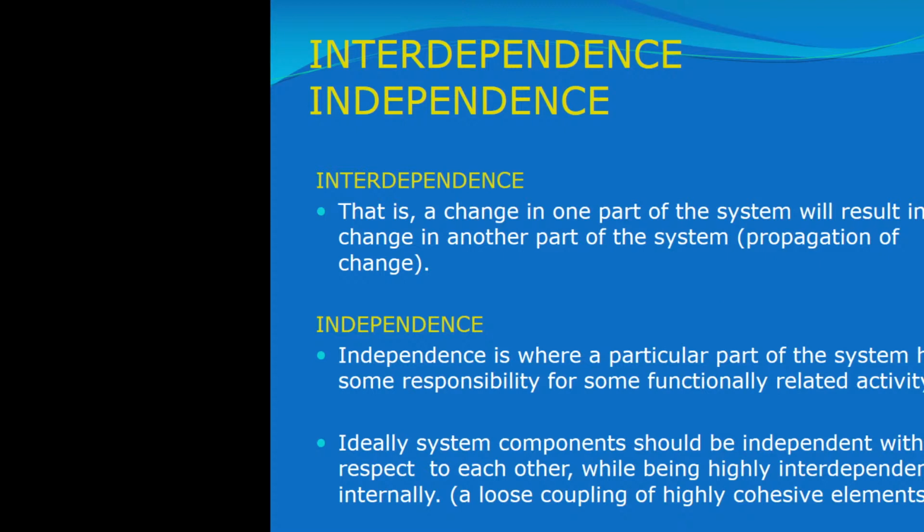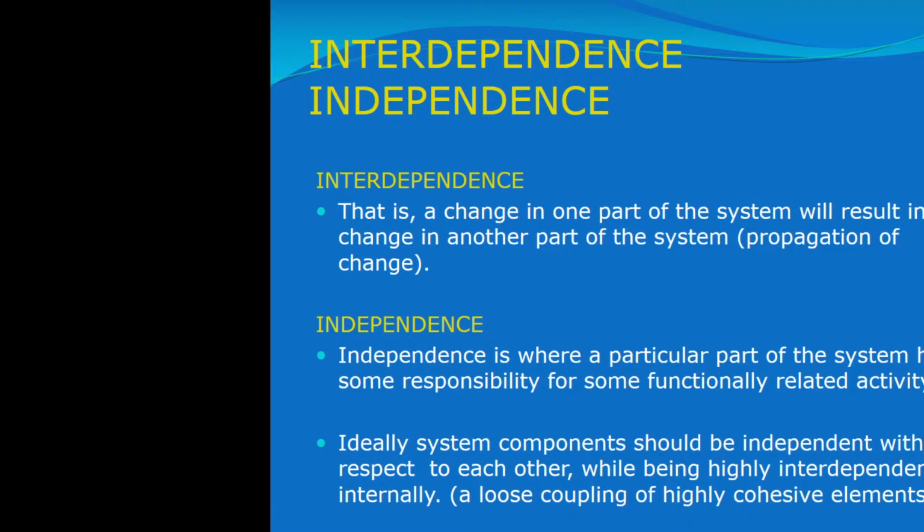Dependence and interdependence. Different systems can be interdependent or independent. Interdependence: a change in one part of the system will result in a change in another part of the system. Propagation of change.